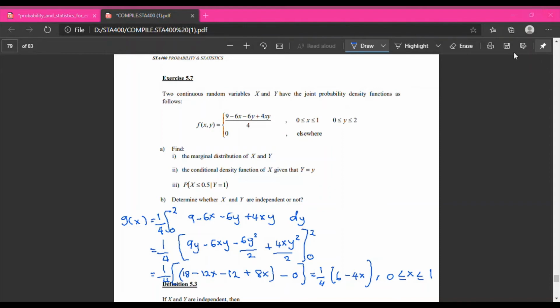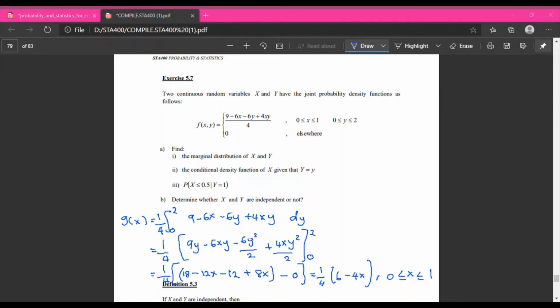So 5 seconds, a bit. So what we get here will be 1/4 (6 minus 4y), right? And then we should put the interval for y. Okay, so we have this marginal of y.